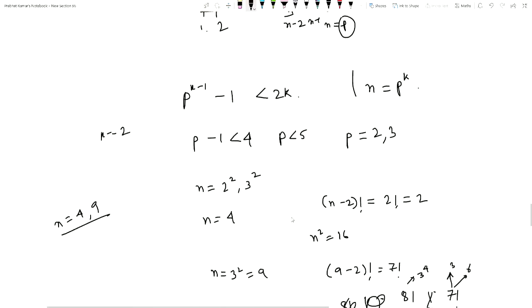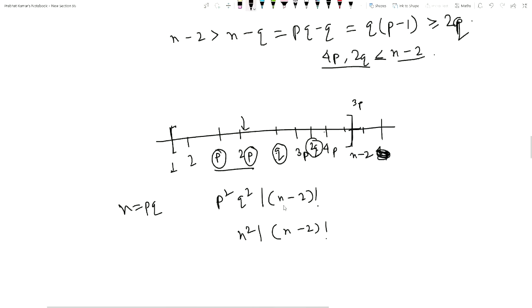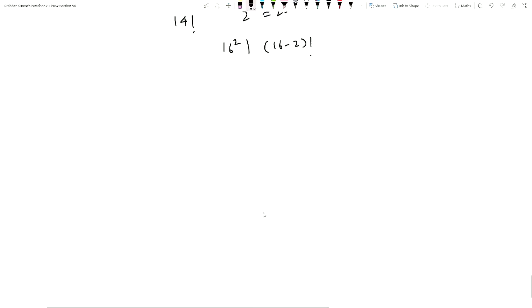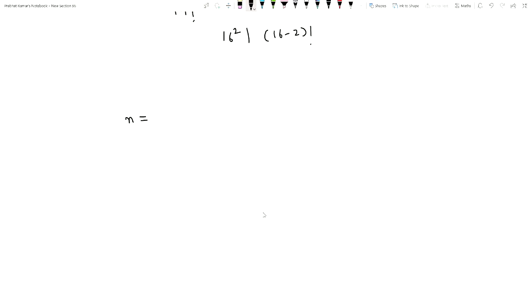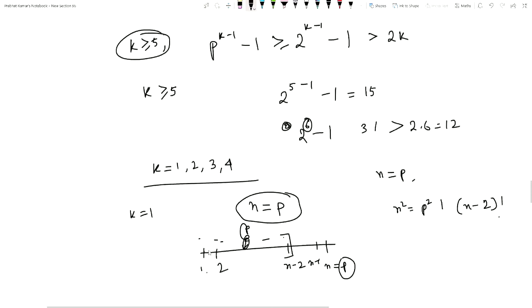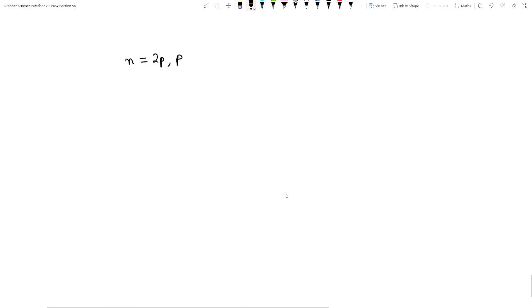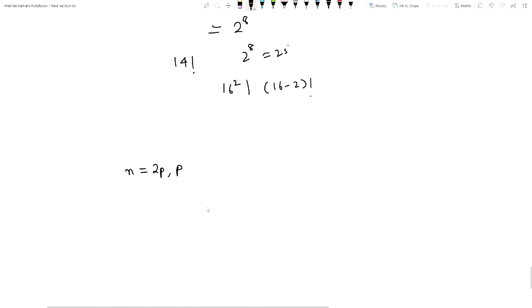So overall, what answer did we get? The solution can be of this form. First, we have shown that if n is 2p, we will have a solution, right? If n is a prime only, then we'll have a solution, which we got from this part, if k is 1, right? So we have got n is equal to p, which is also a solution. So p square will not divide p minus 2 factorial, right?